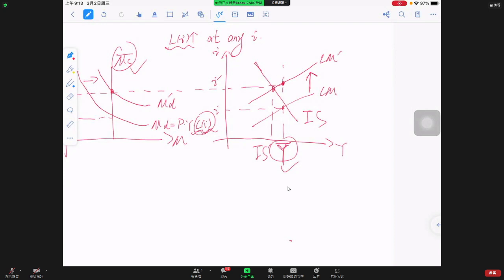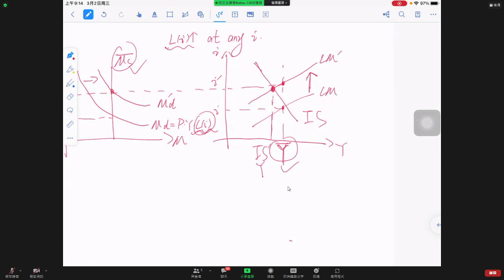And if you consider the IS curve at the same time, you consider two markets, then finally the equilibrium output will decrease. So you are right.